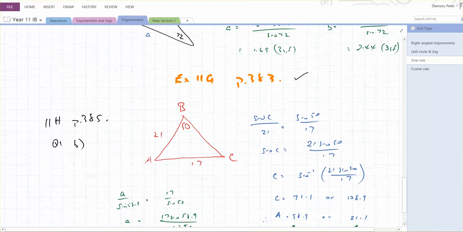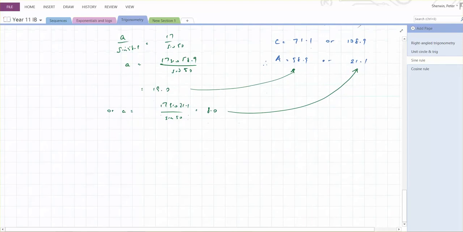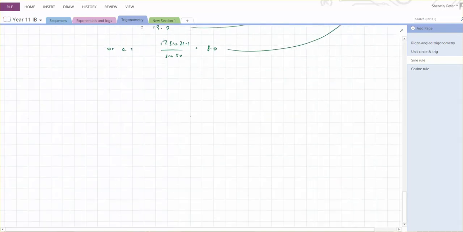But before I let you go, I want to have a look at use of the sine rule in questions where the angle might be obtuse. I'm just going to scroll down here so I can remind you of a result that we've come up with.